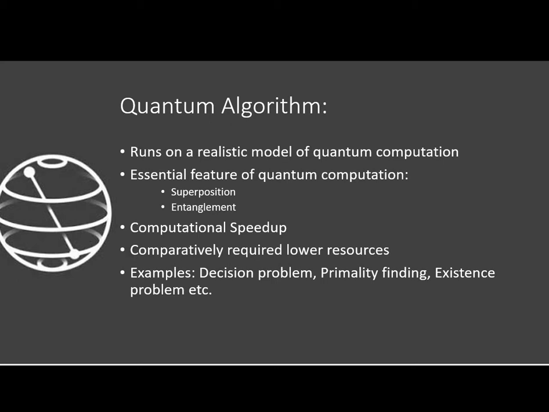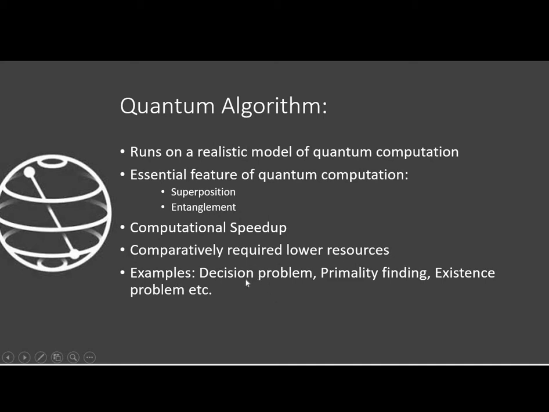So this interaction makes them a single entity. This superposition and entanglement provides us a parallel operation, and that is an advantageous operation over classical computers, and that is why we get computational speed up with lower resources.